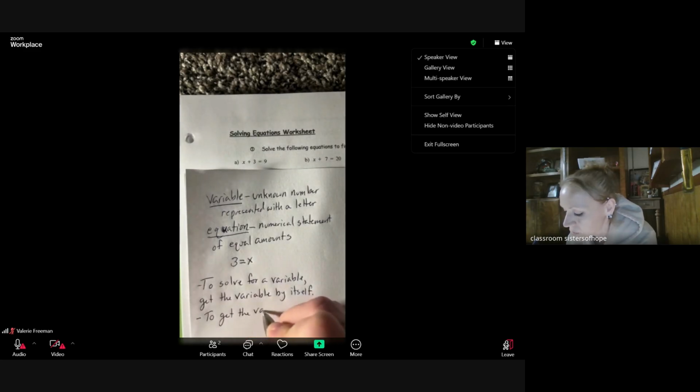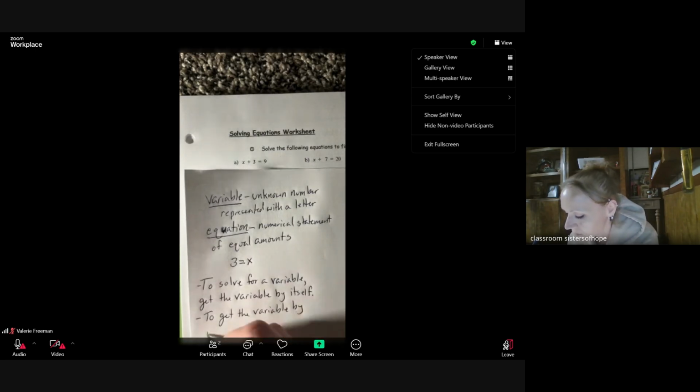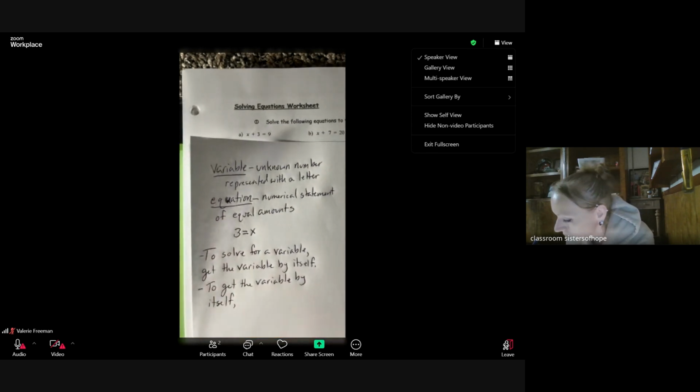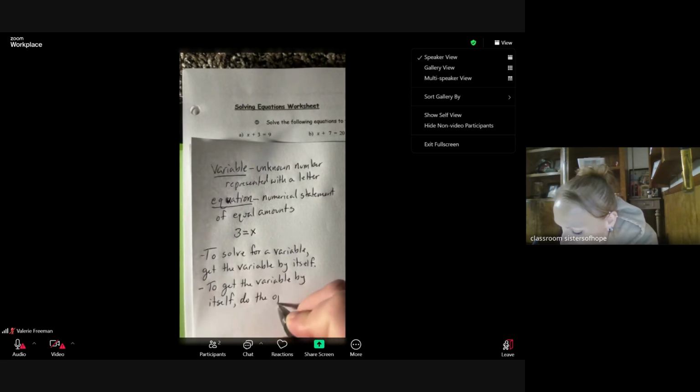So to get the variable by itself, do the opposite operation of what's shown in the equation.